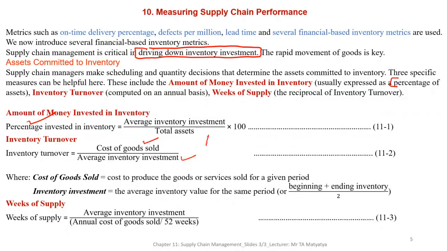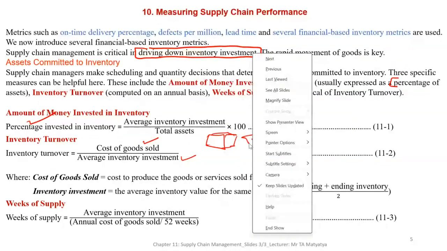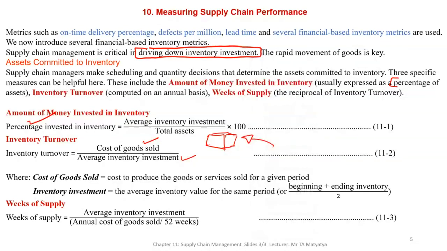So you have finished products that are sold versus how much you invested into making that product, in relation to inventory investment, where cost of goods sold is the cost to produce the goods or services sold for a given period.